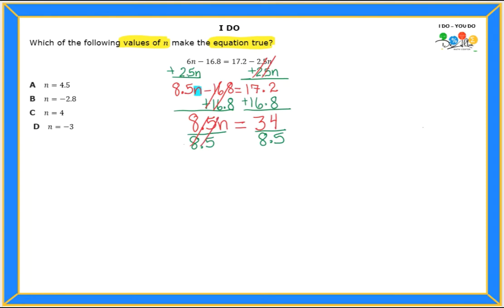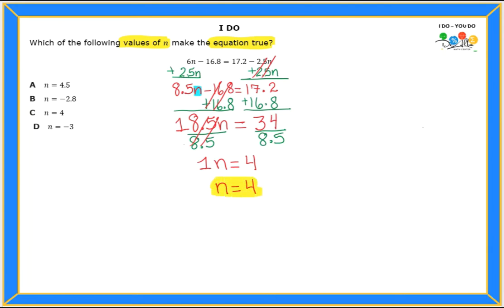It turns into a 1, not a 0, because 8.5 divided by 8.5 is 1. So I have 1n equals, and if you divide 34 by 8.5, we get a positive 4, which means that n is equal to a positive 4. And that will be my value for n.